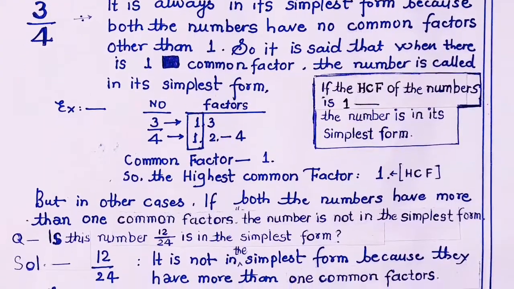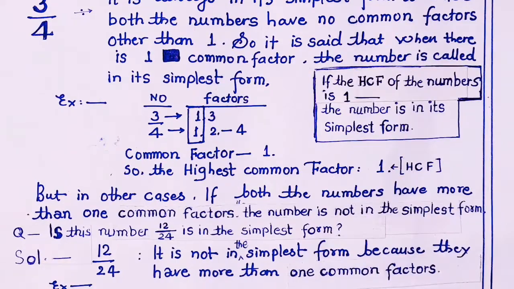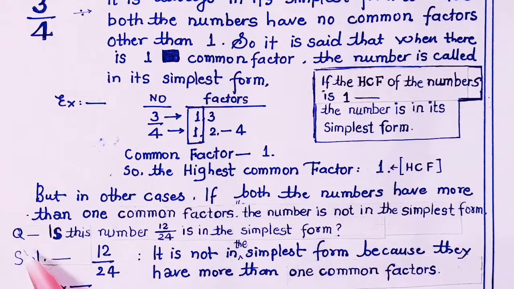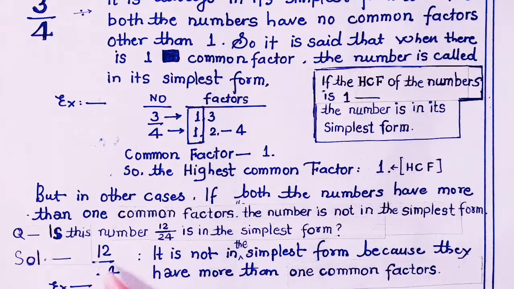But in other cases, if both the numbers have more than one common factor, the number is not in the simplest form. Here a question is asked: 12 by 24.